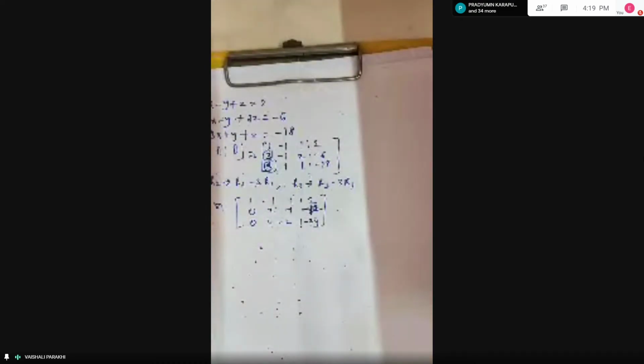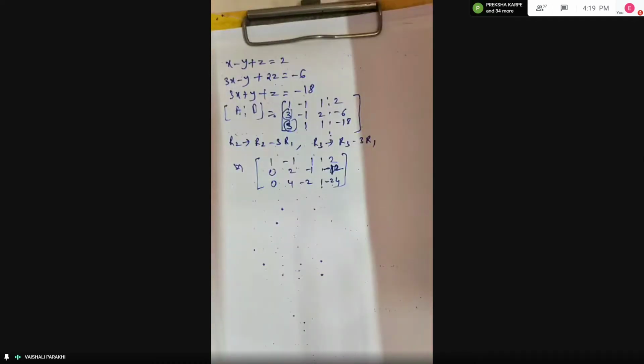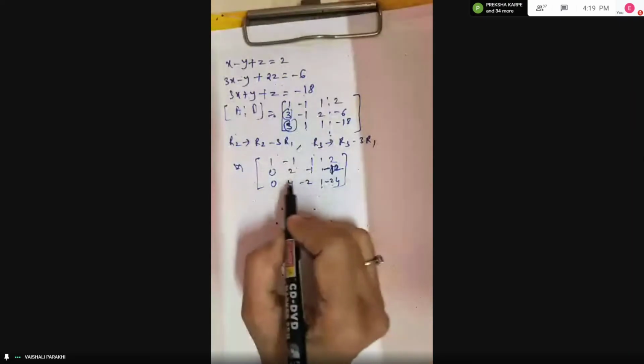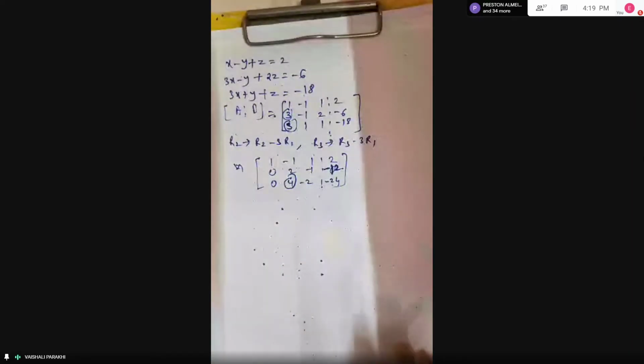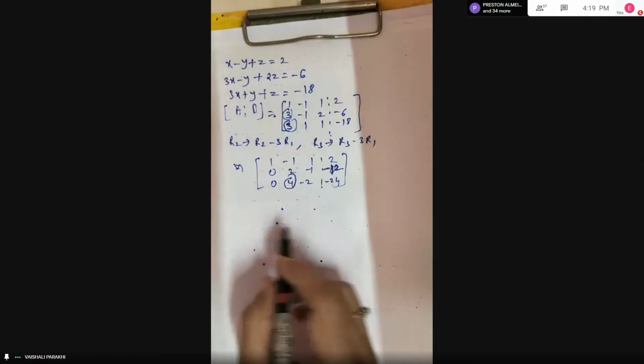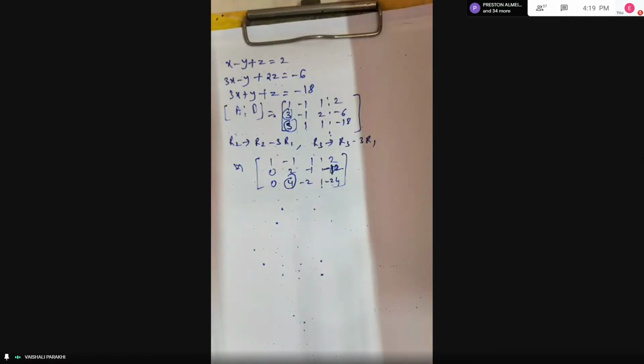All are getting the same elements, correct? Now is it echelon form? No, because this element has to be 0. This is your target element now. So let us do the next transformation. Preksha, can you tell me the next transformation?